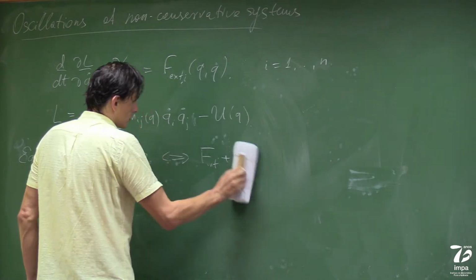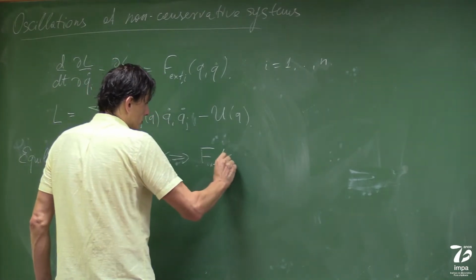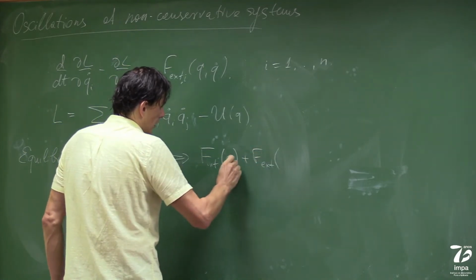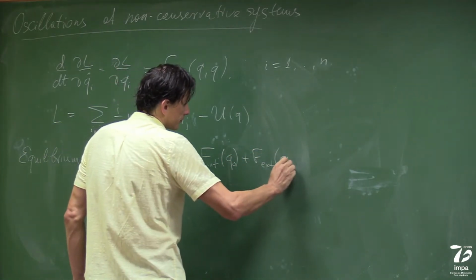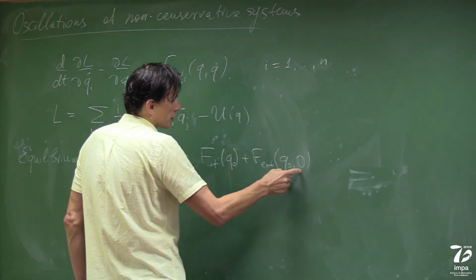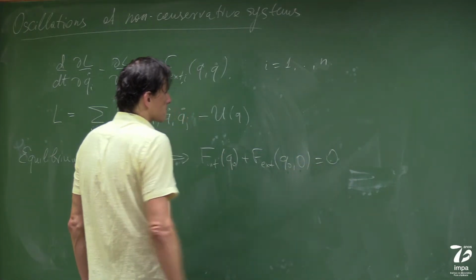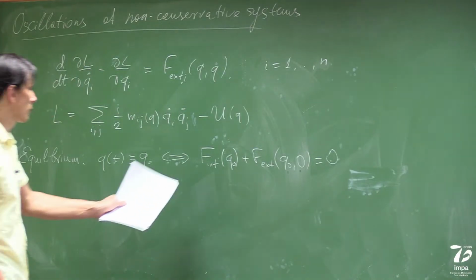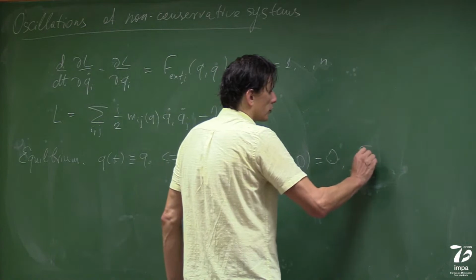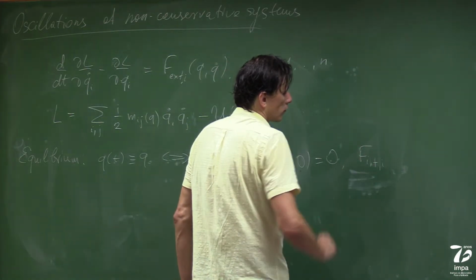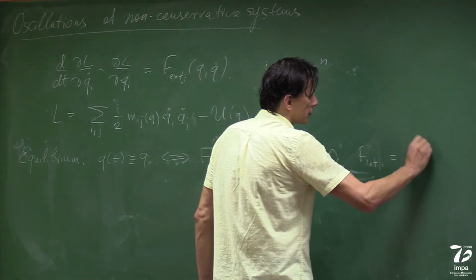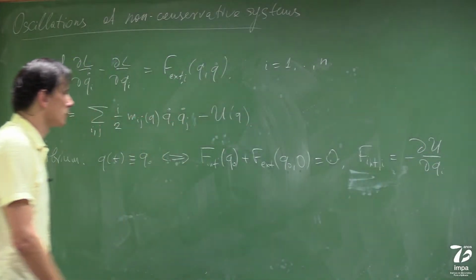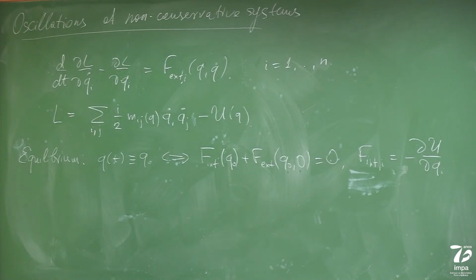So better writing with arguments: the internal forces plus external forces at the equilibrium position and zero velocity balance each other. Right? So just remember what is internal. The internal force component i is just minus the derivative of U with respect to component q_i. So that's by definition. So this is the equilibrium condition.